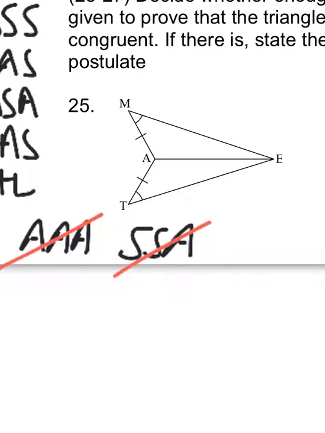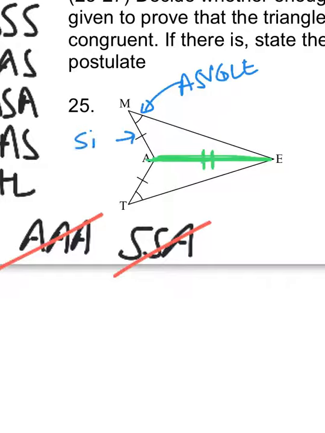Number 25, we have a side here that is being used by both triangles that we can say is congruent. So if we look here on the triangle, you can see that you have an angle, you have a side mark, and now you have another side mark.